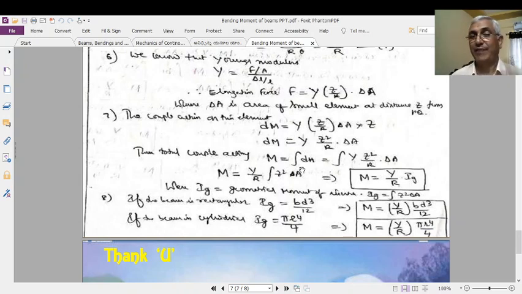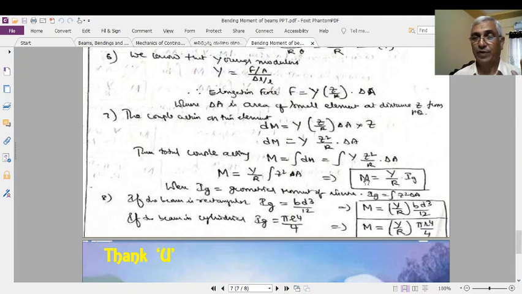Therefore, the integral of Y Z square by R delta A. Y by R is a constant, so it is the integral of Z square delta A. This is known as the areal integration.